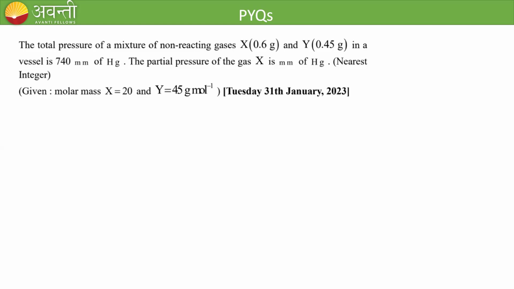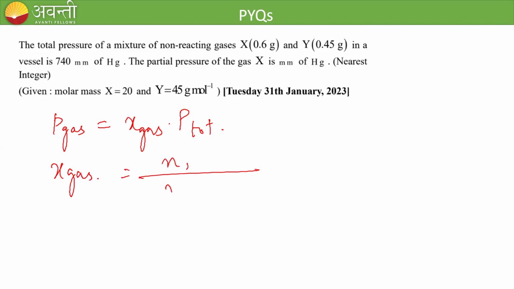The partial pressure of the gas X is dash mm of mercury. So we have to find out the partial pressure of the gas. The partial pressure of the gas can be calculated using mole fraction of the gas into the total pressure. So what is the mole fraction of the gas? It is number of moles of that gas divided by total number of moles. So this is the formula.